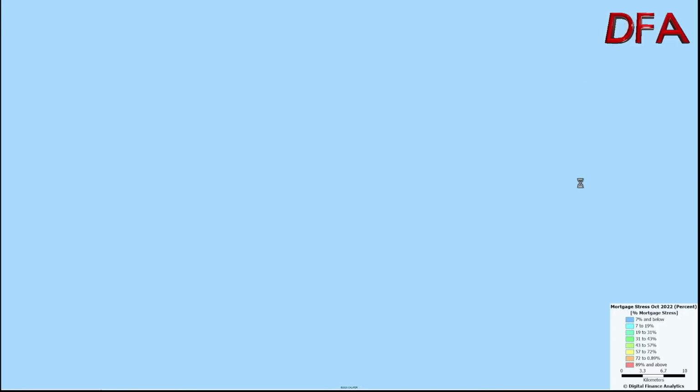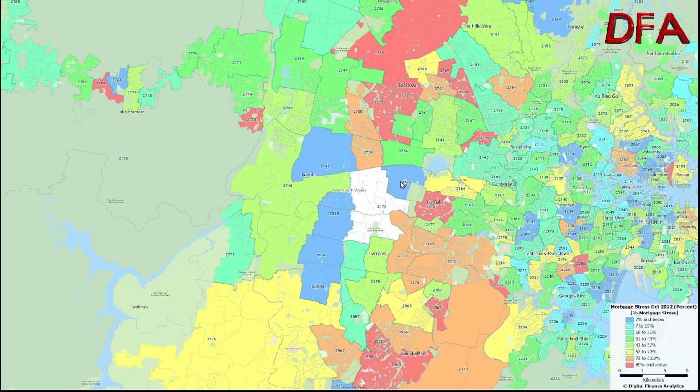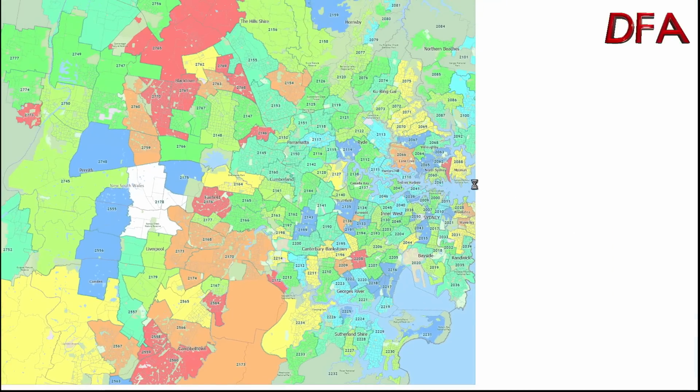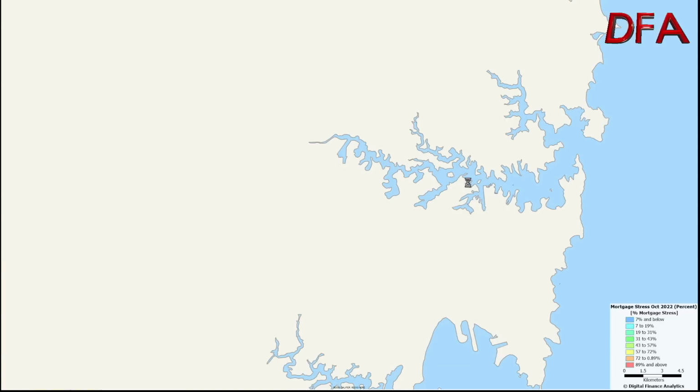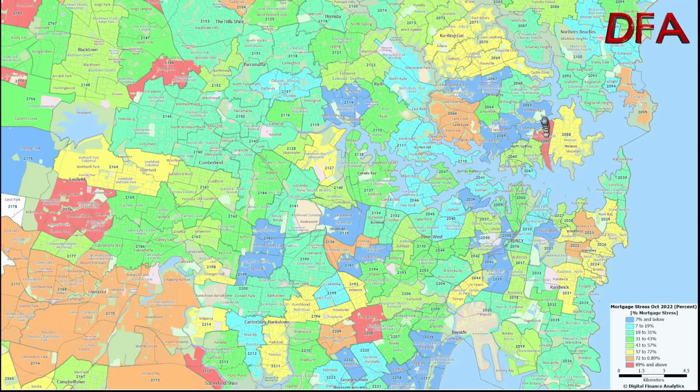And then if you drill into areas around the harbour, for example, let's just go and do that, what you start to see is there are some interesting hotspots. So, for example, if you look at this, this is actually Cremorne 2090. So there's a lot of people there who are in some difficulty. Lane Cove is also one.